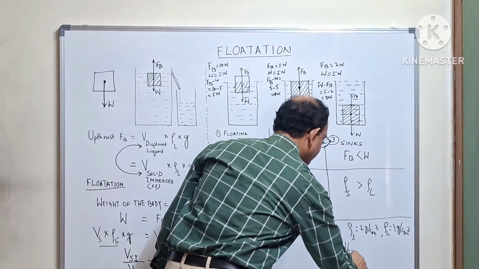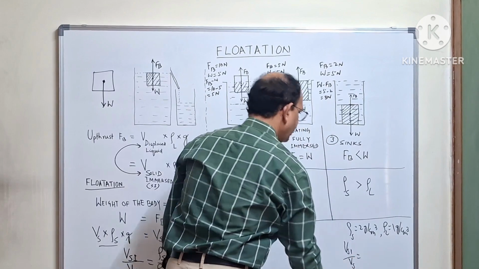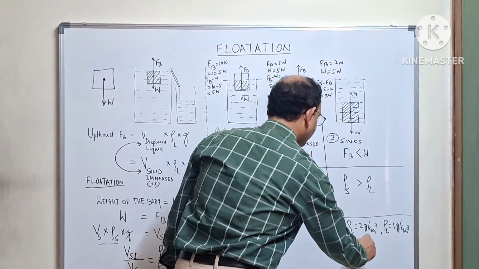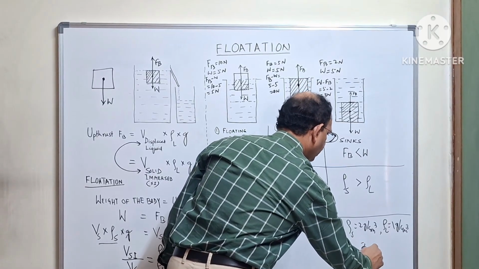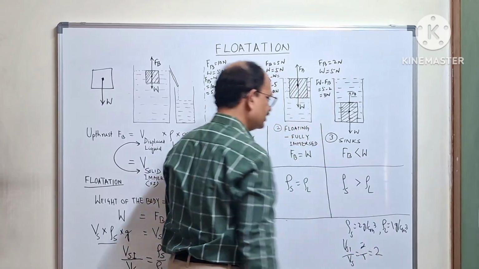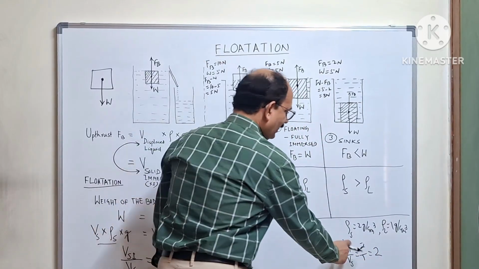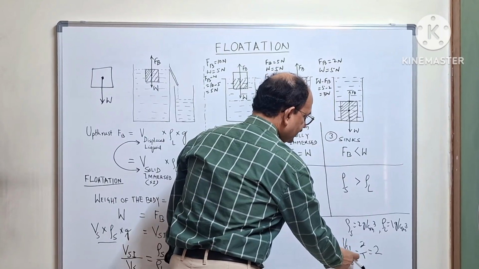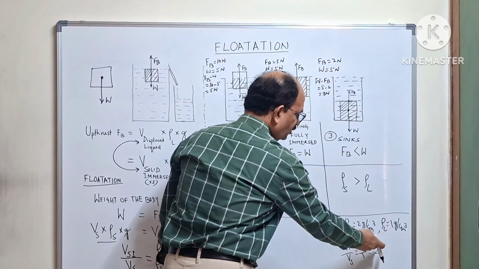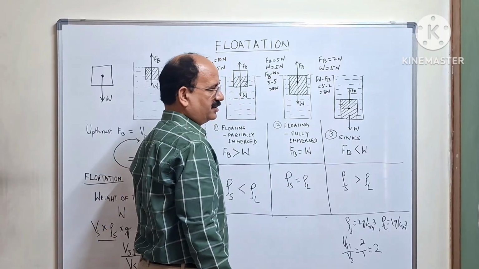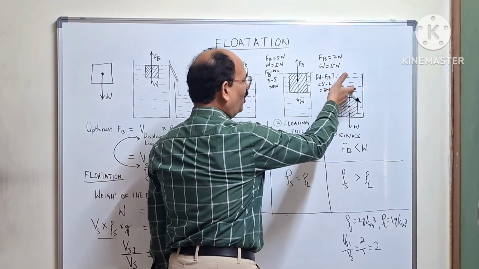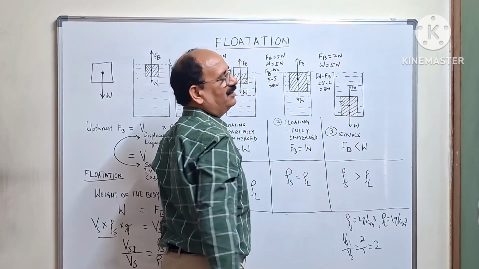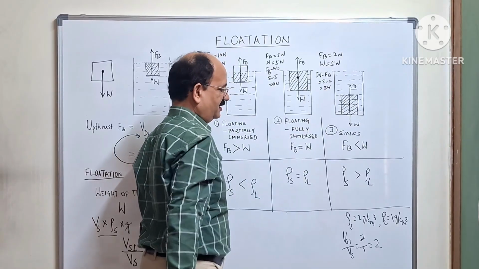Volume of solid immersed divided by volume of solid will be equal to rho S by rho L, which is equal to 2 divided by 1, and therefore this becomes 2. What it indicates is that volume of solid immersed is more than the volume of the solid. That situation is that the body has come down completely. So it has sunk.